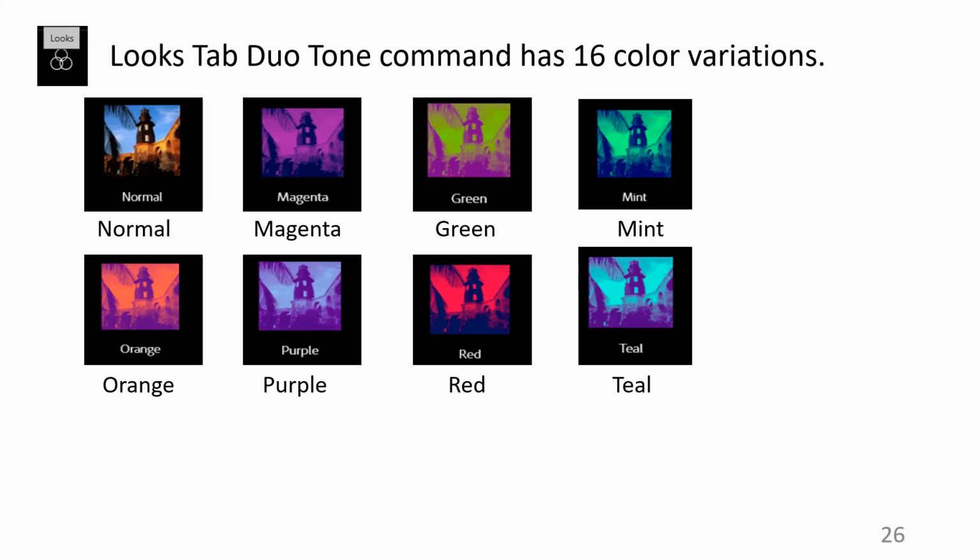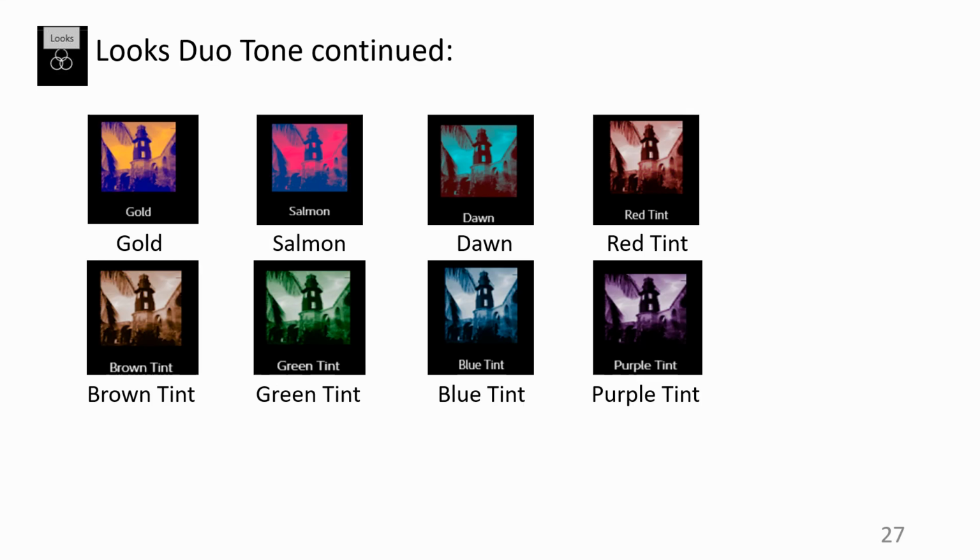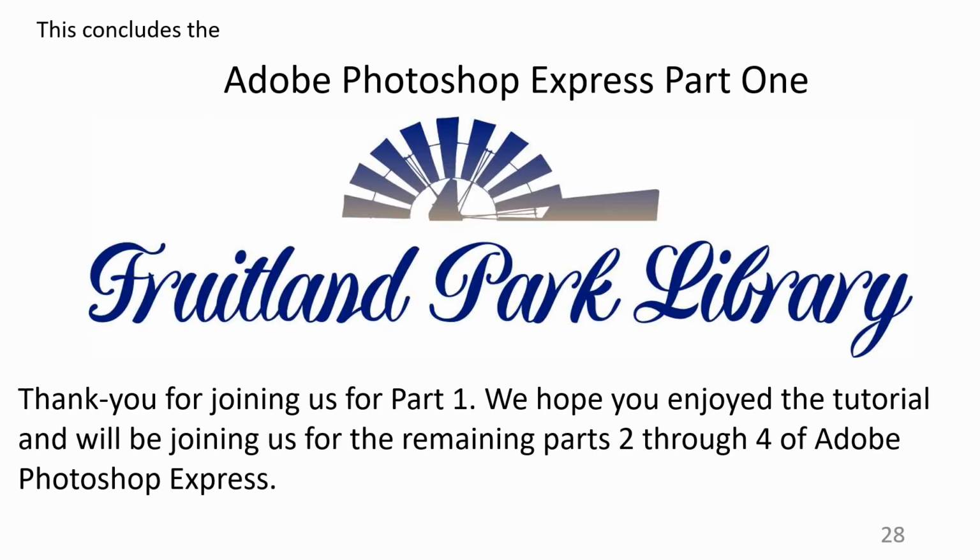Looks tab duotone command has 16 color variations: normal, magenta, green, mint, orange, purple, red, teal. Looks duotone continued: gold, salmon, dawn, red tint, brown tint, green tint, blue tint, purple tint.